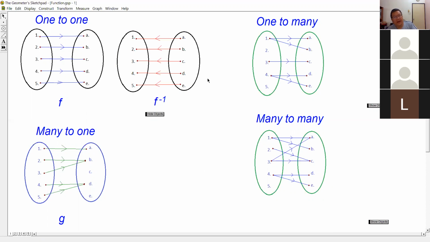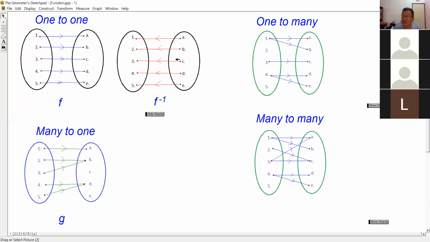When you look at the inverse function, that means from the image, you go back to the object. You see that the red arrow is pointing back. This set A, B, C, D, E is considered the image, and 1, 2, 3, 4, 5 is considered the object. From the right hand side to the left hand side, is it a function or not?